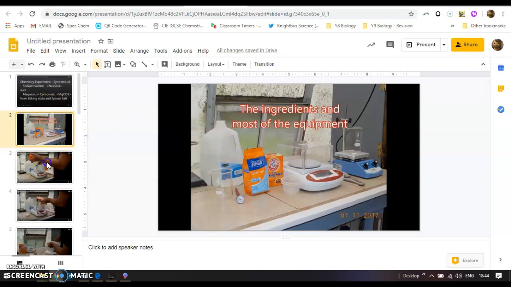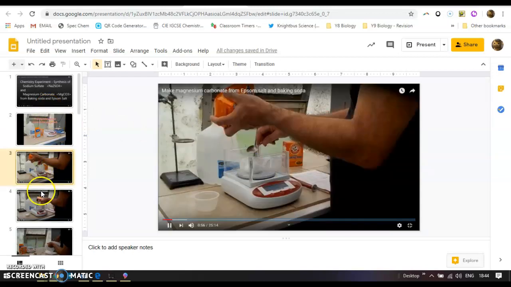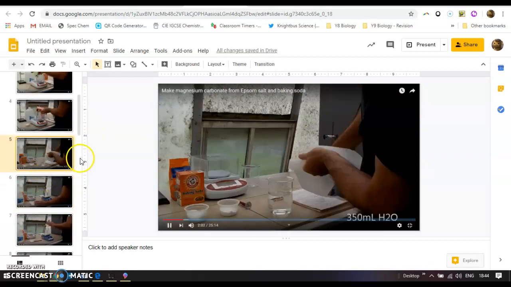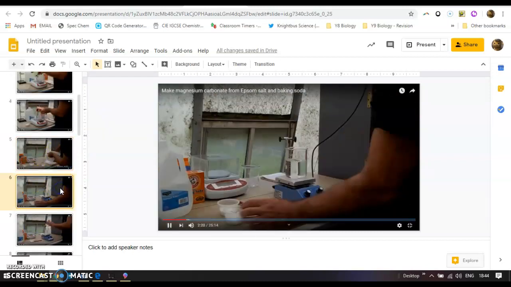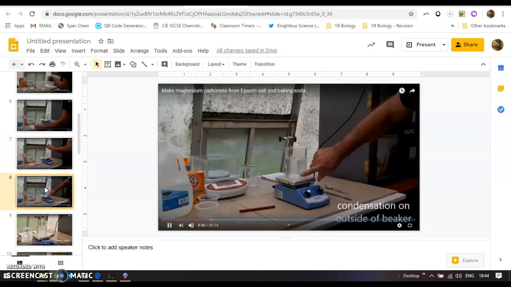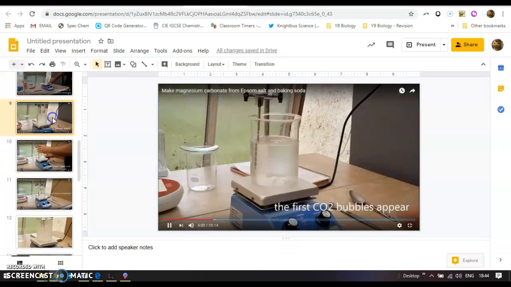So the two powders are weighed out, and then water is added, and the water is stirred, and the reaction starts off as an endothermic reaction. So as you watch the video, you'll actually see that the temperature goes down. You then find that there's condensation on the outside of the beaker as that happens.